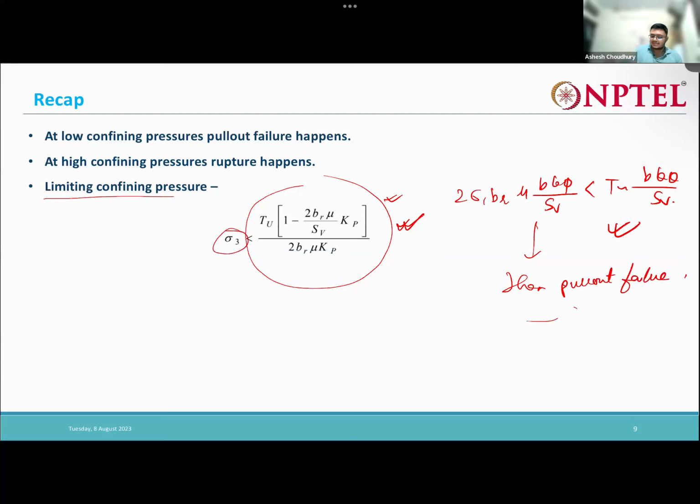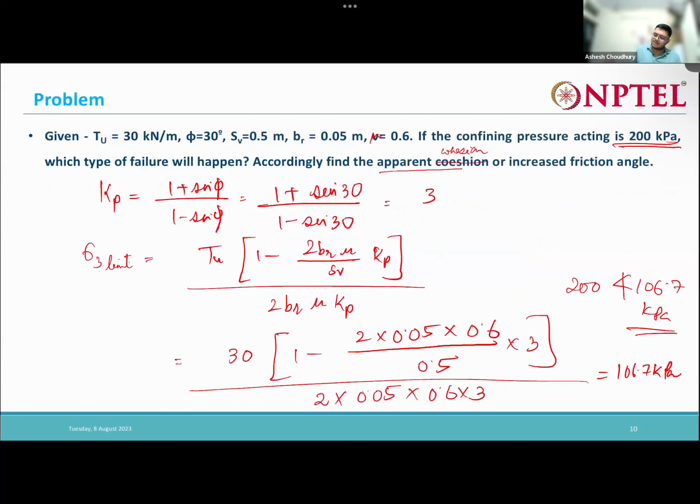If the sigma 3 that is acting in our field satisfies this condition, then there will be pull out failure. Otherwise, it will be rupture failure. In our case, 200 is acting on the field, which is not less than, but greater than this limiting sigma 3, right? That's why rupture will govern. So as rupture failure governs, we can find out the apparent cohesion.